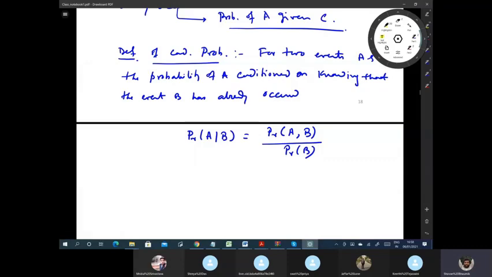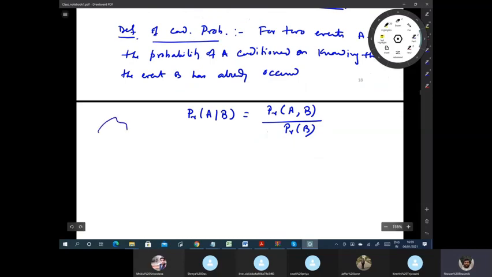So this is the definition, and you should be able to verify the concept from the definition. If you think a little bit, you can verify that. When we say the conditional probability of A given B, what is your total sample space? Your sample space becomes squeezed. It becomes B, because the event B has already occurred. And the probability you want to calculate is P(A intersection B). Conceptually it is also very correct.